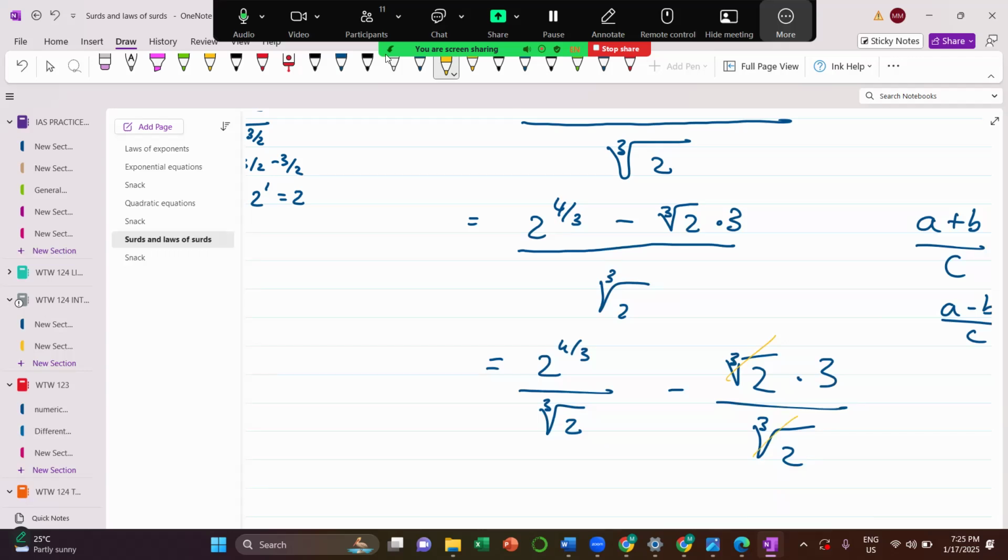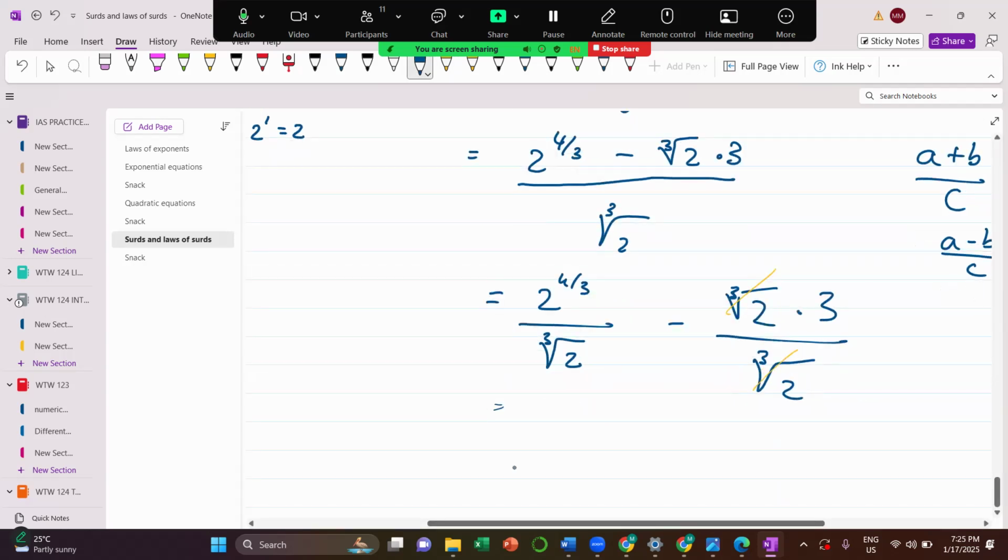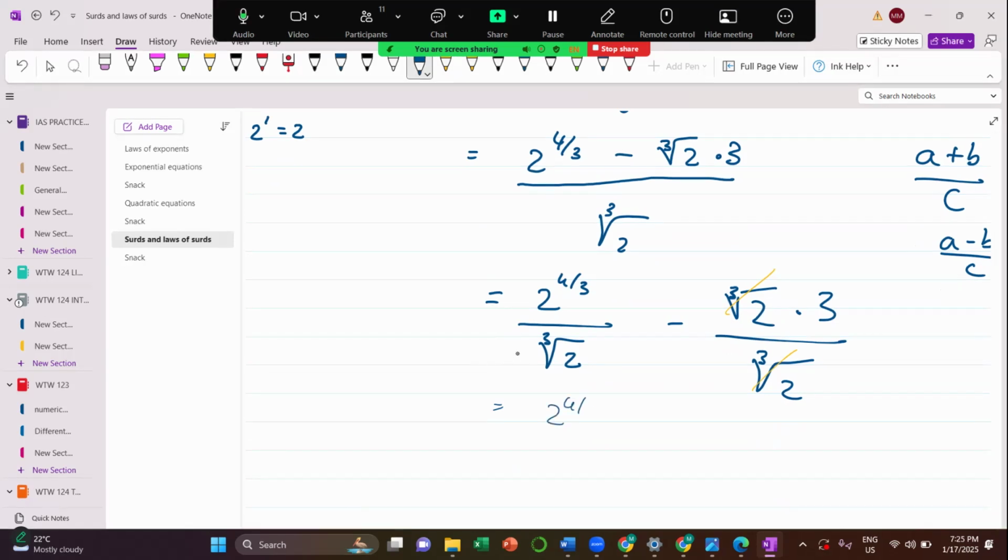But on this side, I have 2 to the exponent of 4 over 3 all over, and I'm going to rewrite this in exponential form, so it's going to be 2 to the exponent of 1 over 3. Minus, these two things cancel, so I'm going to have minus 3.